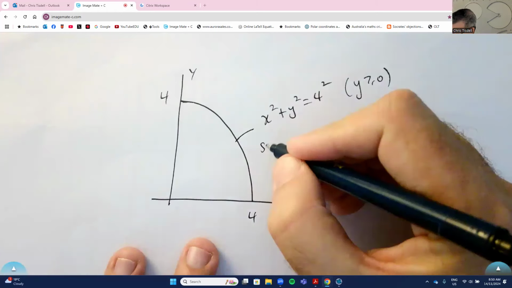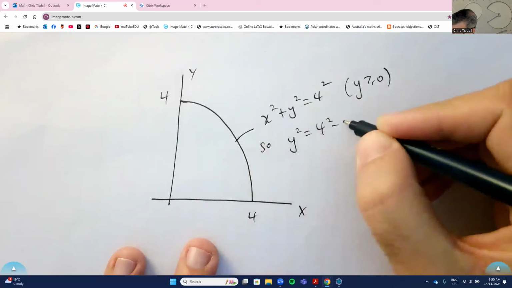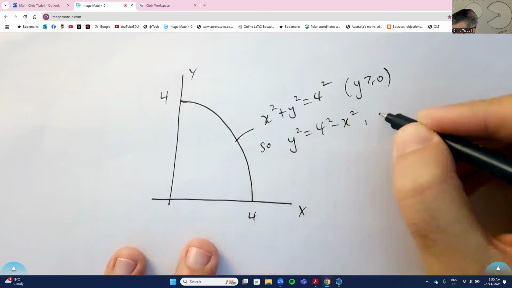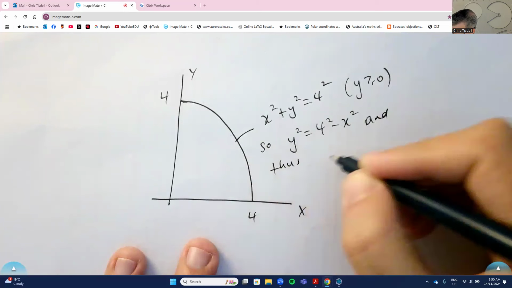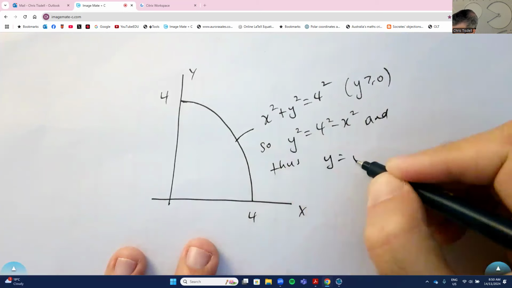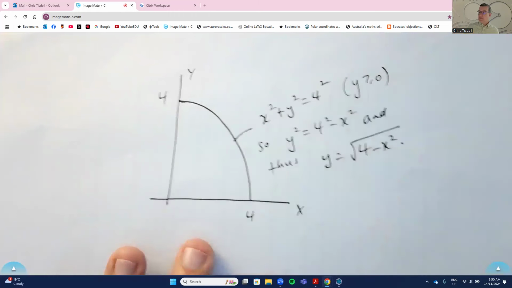So we can rearrange that. It's the positive square root, because y is non-negative.